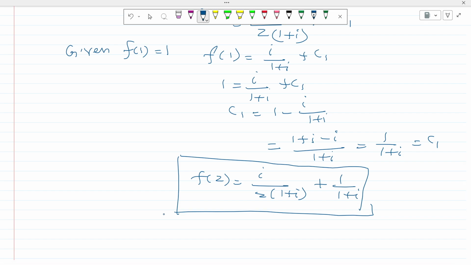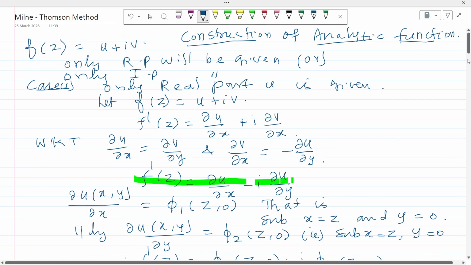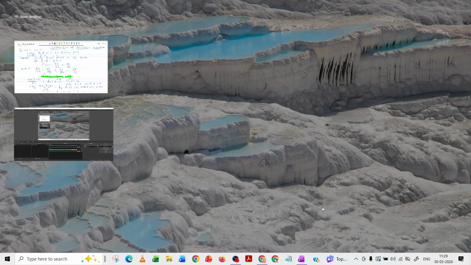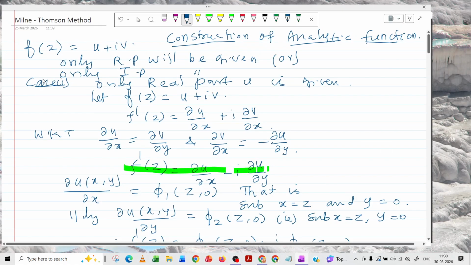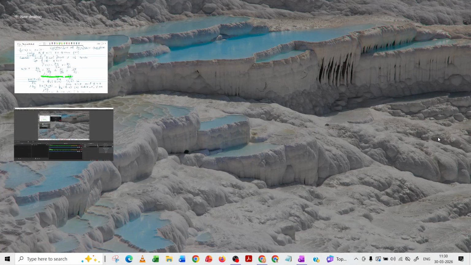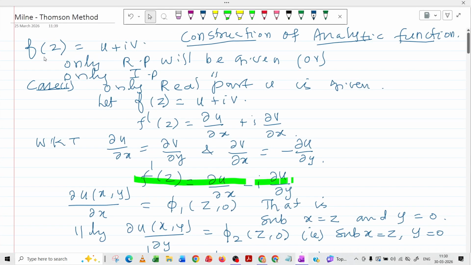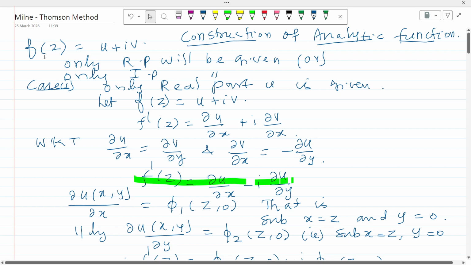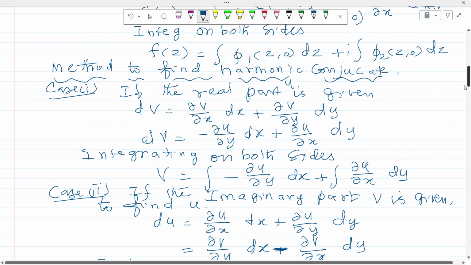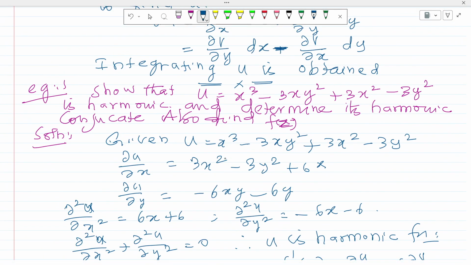What types of problems will come in the Milne-Thomson method? Last class we discussed two types of problems. In the construction of an analytic function, either u is given directly or v is given directly.